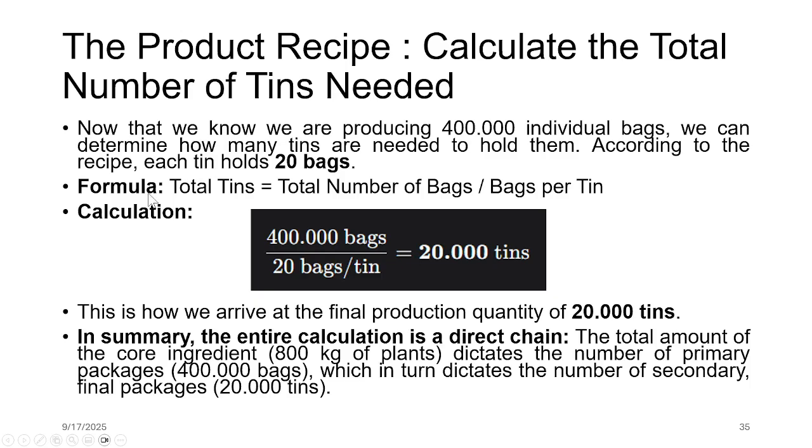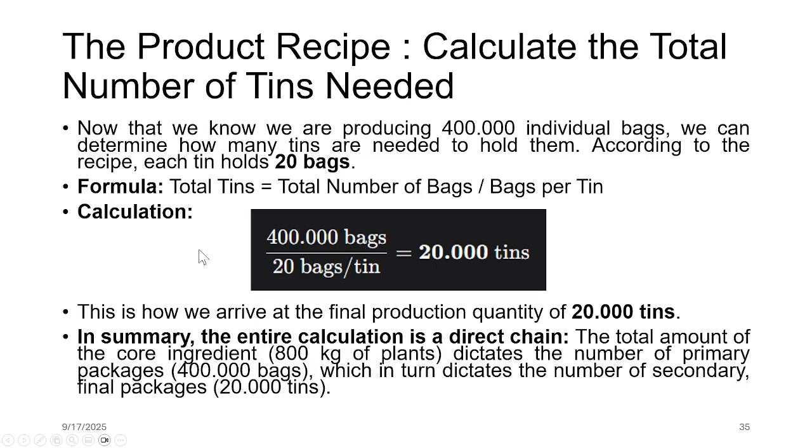So we can apply the following formula: the total quantity of tins produced in this workshop during that period should be the total number of bags consumed divided by the number of bags in 1 tin. By using this calculation, we arrive at the final production quantity of 20,000 tins.